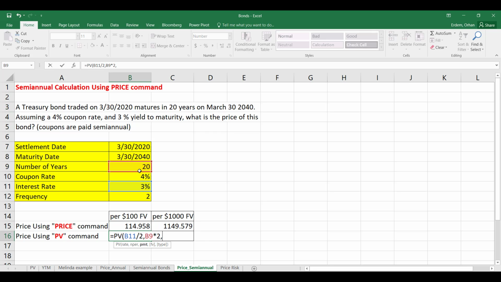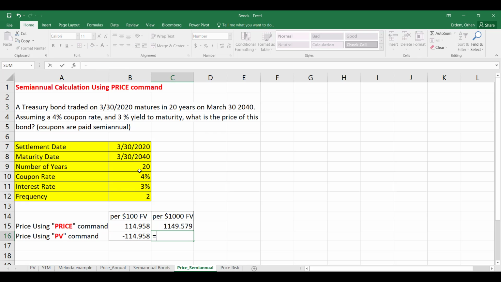The coupon rate is 4%. If we are talking about a $100 face value, this is going to be $4 per year, but it's going to be paid $2 per 6 months. So the PMT is going to be $2 every 6 months, comma, the future value is $100. So this is going to be the price of that bond. It's negative just because it means that the investor is going to pay it.